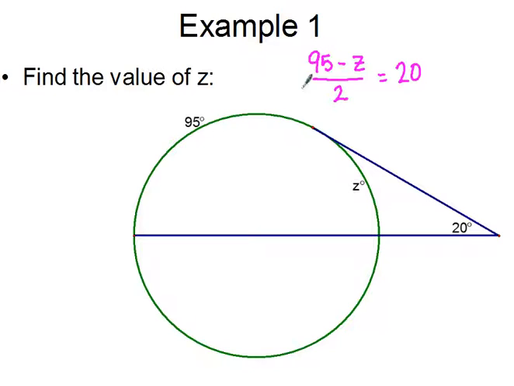So I would multiply both sides by 2 to start, to get rid of the 2. So I've got 95 minus z equals 40. And then I need to know what z is so that I can get 40. So z has to be 55 degrees. Okay? Big arc minus small arc divided by 2 gives you the angle on the outside.